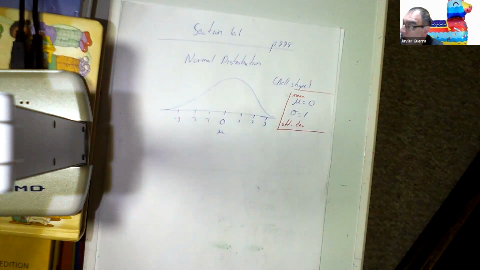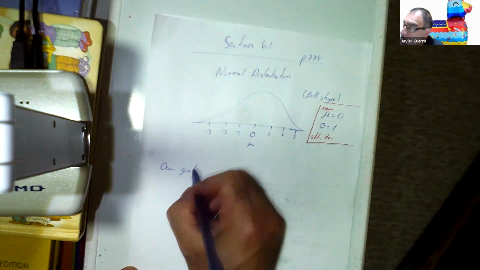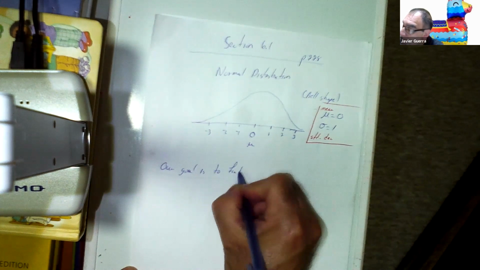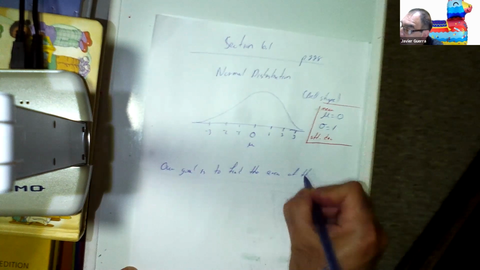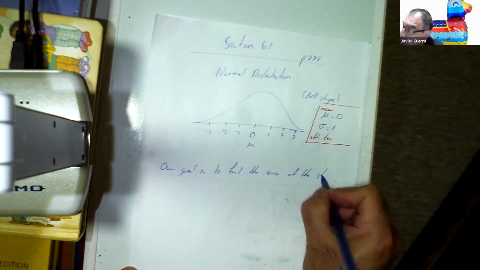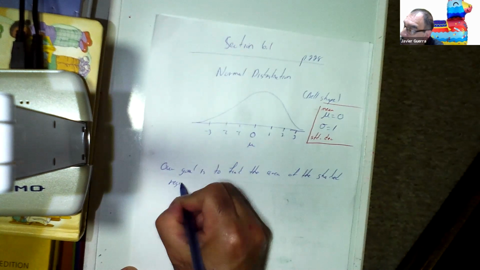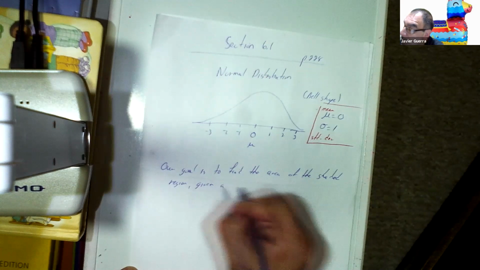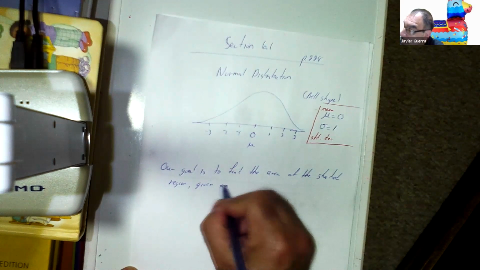So our goal is to find the area of the shaded region given a z value.